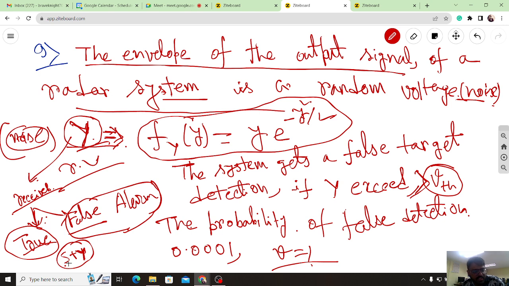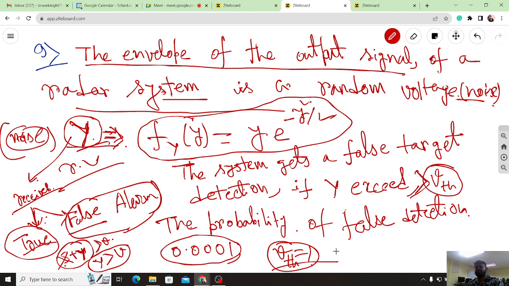If the signal is present, probably it will exceed the threshold V. But if the signal is not present in some case, Y will also provide some voltage, and we have to make sure that this Y does not exceed the threshold voltage V. So that is the probability we have to reach, that Y exceeds V should be 0.0001. For such a case, what will be the actual threshold voltage VTH? That we have to calculate. I think the question is clear.